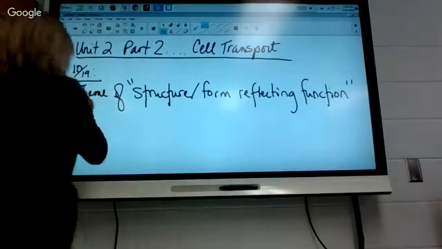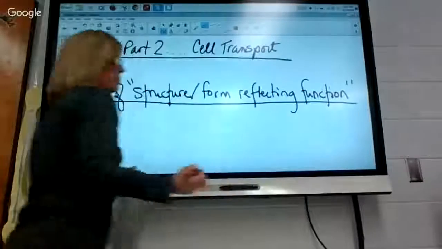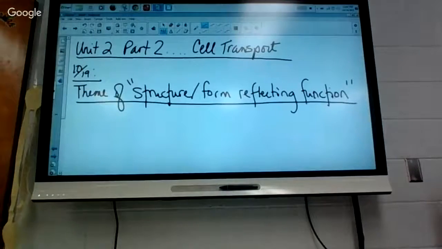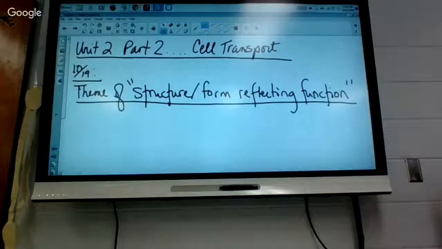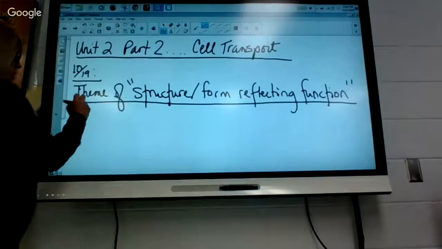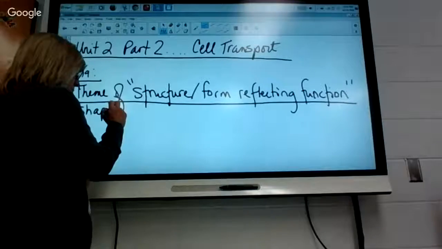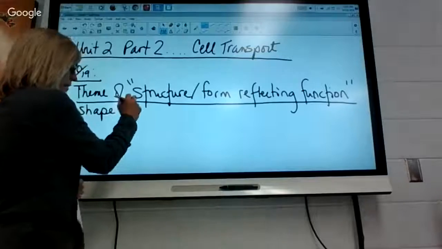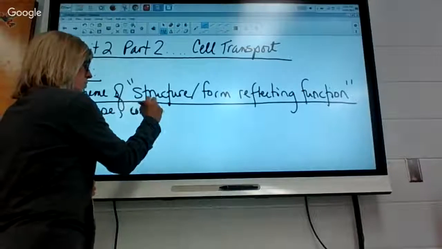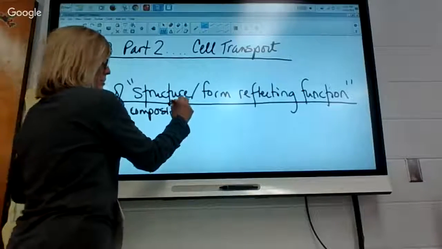Or on the packet, do we write this? I mean, you write wherever you want to, just all notes. And so that's not listed there. But you clearly saw it for the different types of cells. So the shape, and what that means is shape, composition, and design of whatever the structure is.